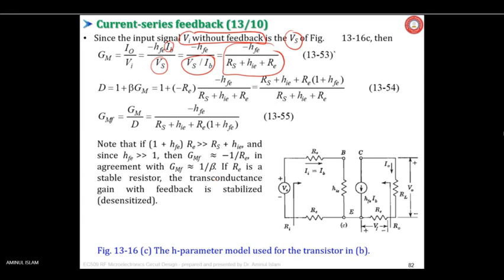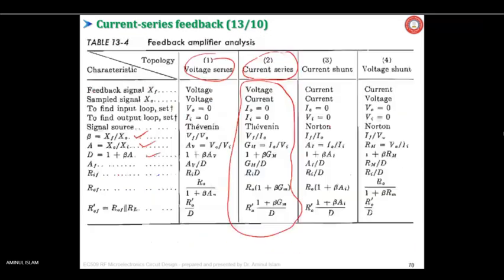See, current series feedback means we will have the GM, which is defined as IO, the output current, by the input voltage. In case of MOSFET, we have written GM equals to delta ID by delta VGS. Are you remembering? VGS is the input voltage at the gate of the MOSFET, and ID is the drain current.